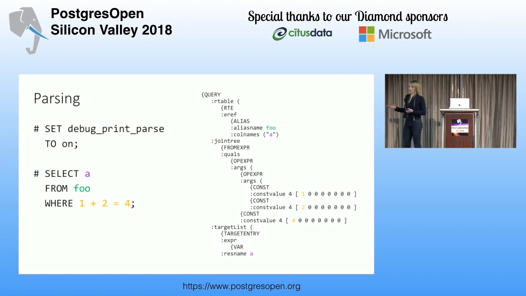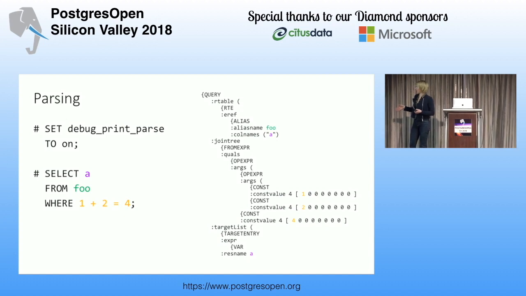In this case, we have an expression in our where clause, 1 plus 2 equals 4, and you can see that there's a node called an OpExpr, and it has two Consts, I've highlighted them in the yellow. Anyway, so that is the query tree.